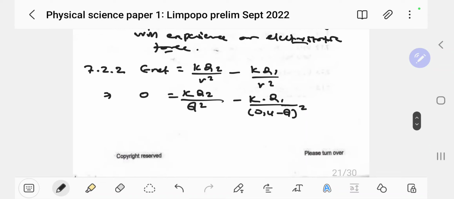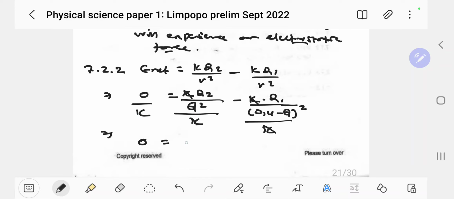And then that is squared. And then, of course, at this juncture, you can just transpose the other one to this side. I mean, we can divide by K to eliminate K. So whatever you do, it becomes 0.